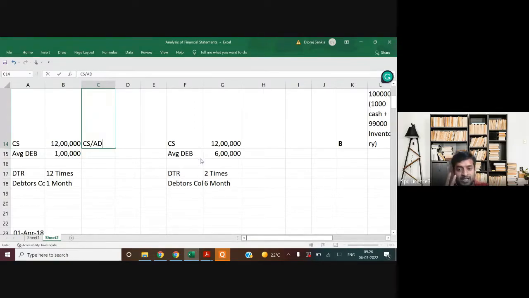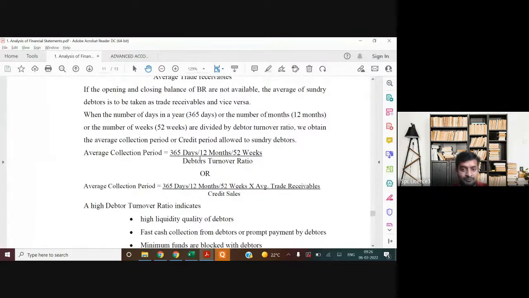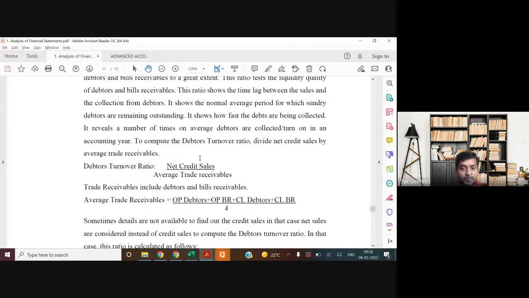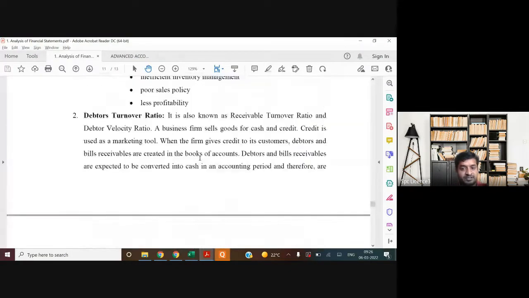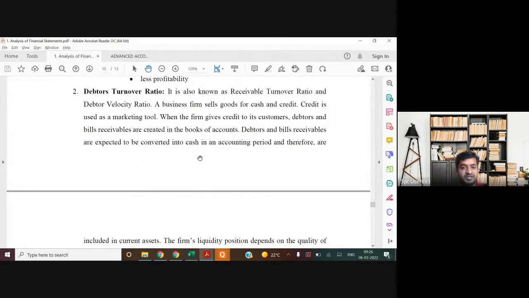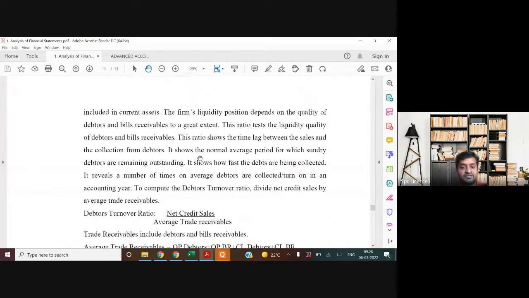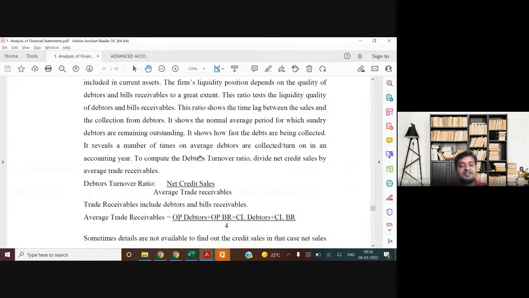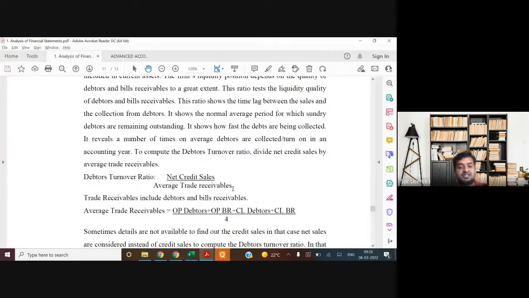But let me tell you, the popular formula of debtor turnover ratio is different. Okay. And that formula is net credit sale divided by average trade receivables. Credit sale is common, but here you have to take average trade receivables.